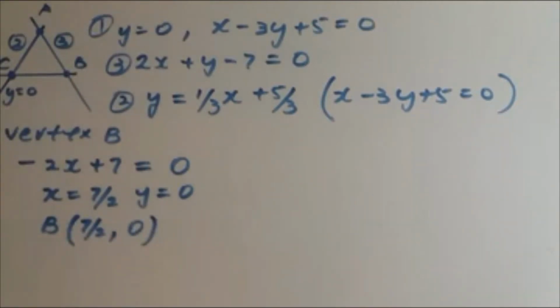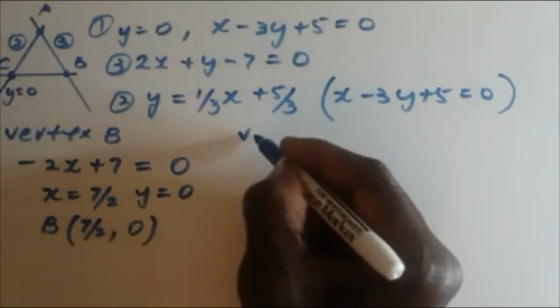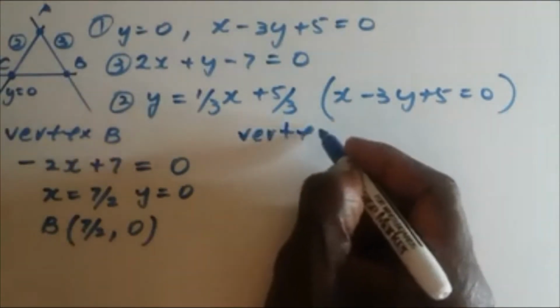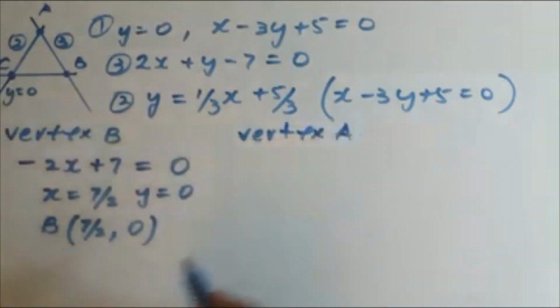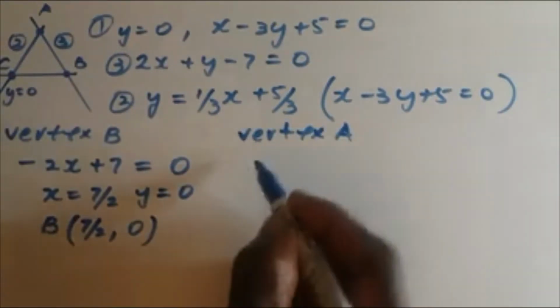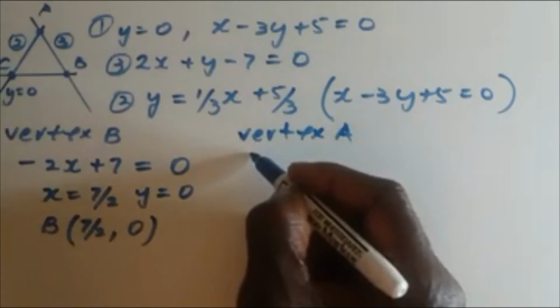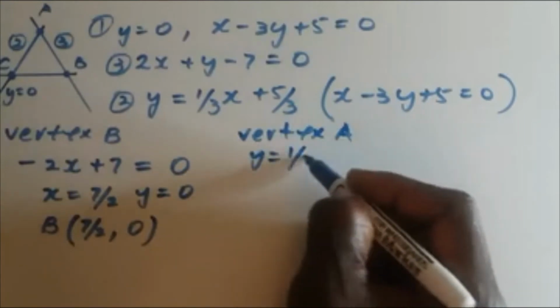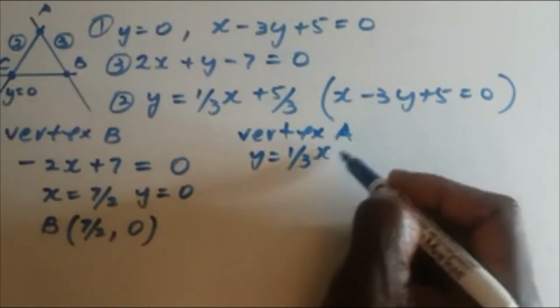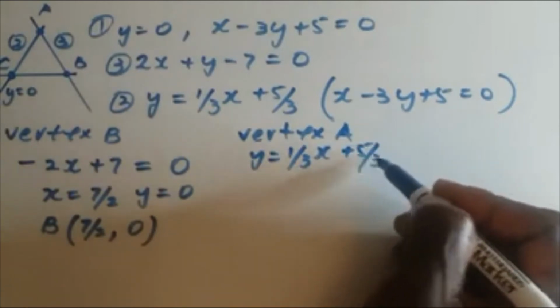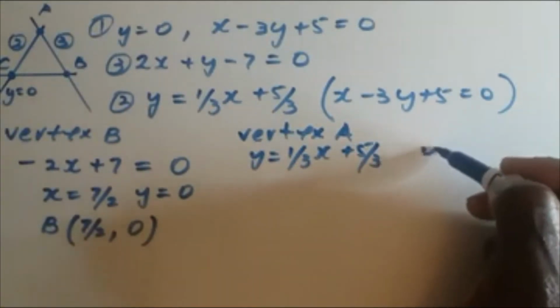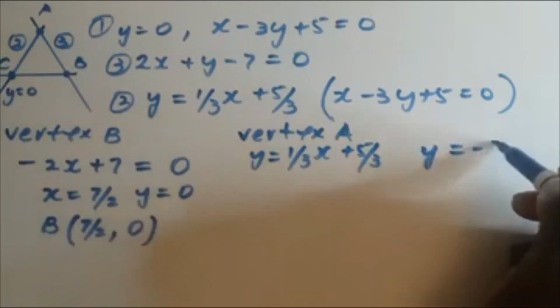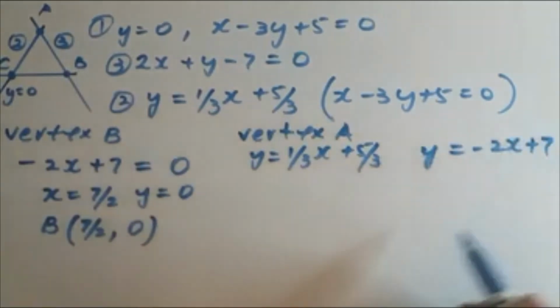Next, we'll look at vertex A. So we have the equations y is equal to a third x add 5 over 3, and we also have y is equal to minus 2x add 7.